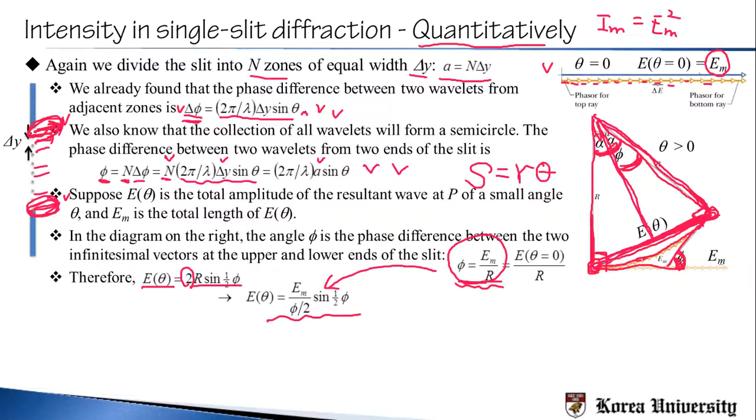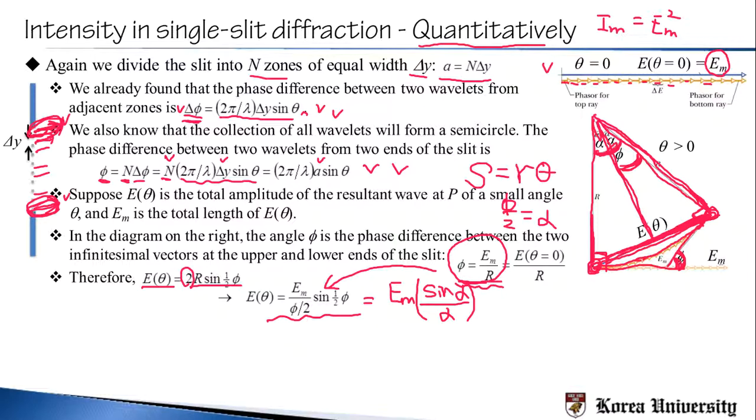Okay, now in this case, it looks a little bit complicated, so let's replace half of phi with alpha. Then we can write it this way: EM multiplied by sine alpha divided by alpha. So this is the angular dependence of the amplitude.